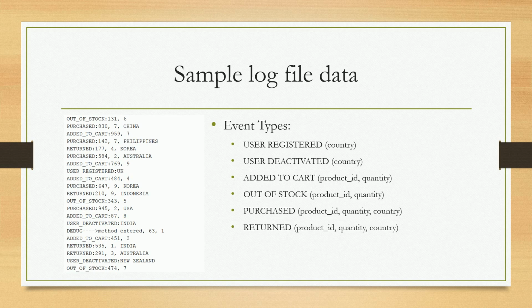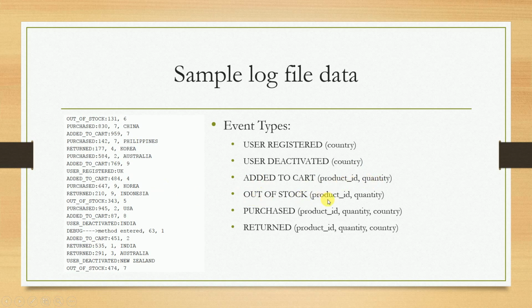Your manager says that we are interested in extracting the events. These are the different events. We have user registered and then the country from where the user registered, like this one. And then user deactivated shows the country from where he deactivated. Added to cart indicates that a product was added to the cart.